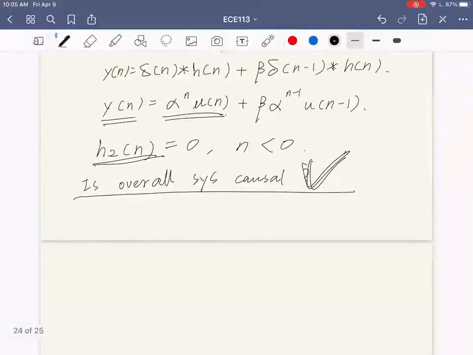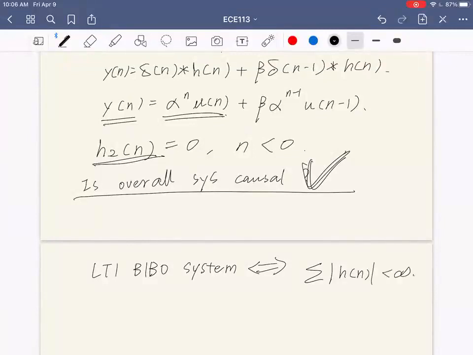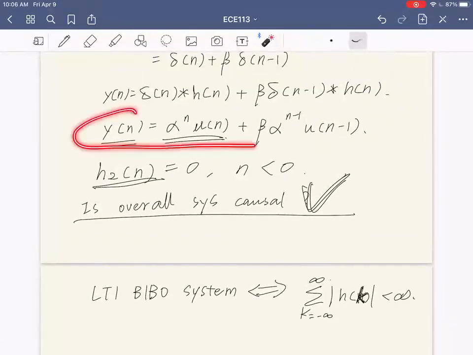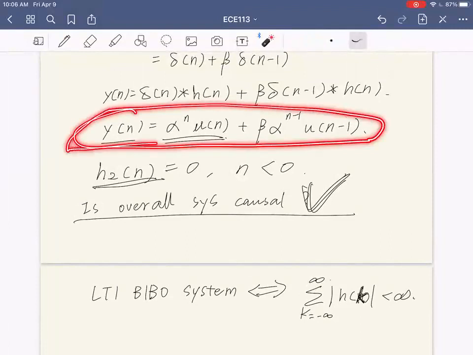And in the lecture, we also mentioned that the LTI system is BIBO stable if and only if the sum of its impulse response is finite. Okay, let's go back to the equation to check. This is the impulse response of the whole system, right?